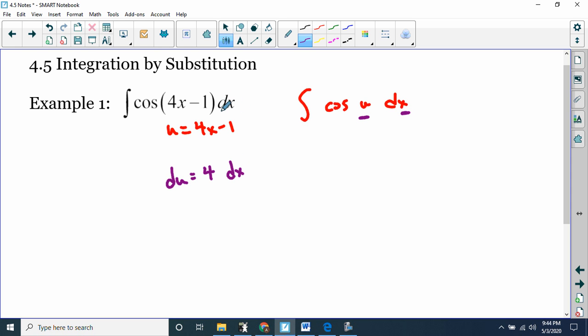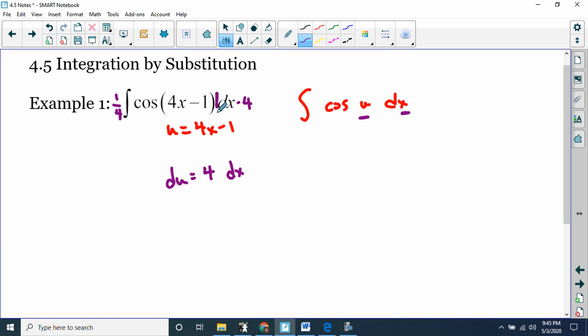To change this to a du, I need 4 times dx. Well, I don't have 4 times dx, I just have dx. So I can multiply by 4. The problem is that changes my problem, so as long as I also multiply by 1/4, my problem's the same because I have times 4 and times 1/4.